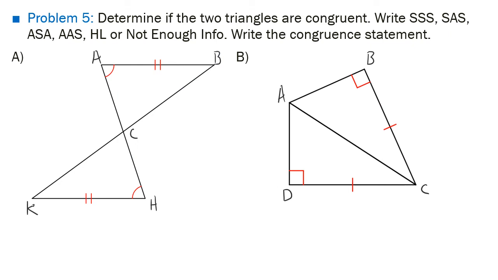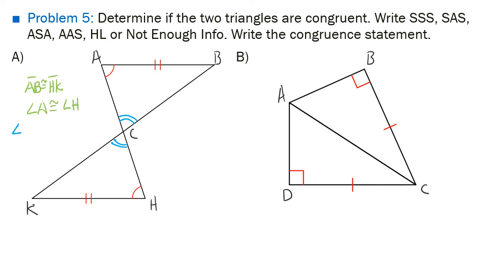So our next one, same directions. So in this one we can see that this side AB is congruent to HK. We can see that angle A is congruent to angle H because they have the congruency marks. And then once again, don't forget the vertical angles.